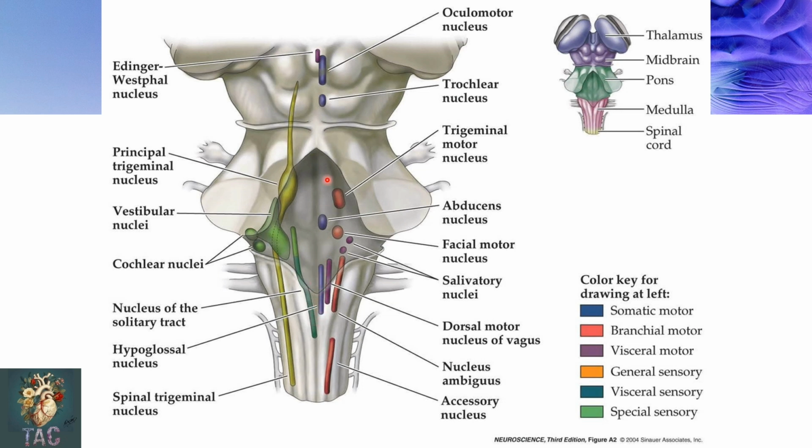So these 4 nuclei are derived from the general somatic efferent group: the oculomotor nerve, the trochlear nerve, the abducent nerve and the hypoglossal nucleus. This is the first class, remember, the most medial one.